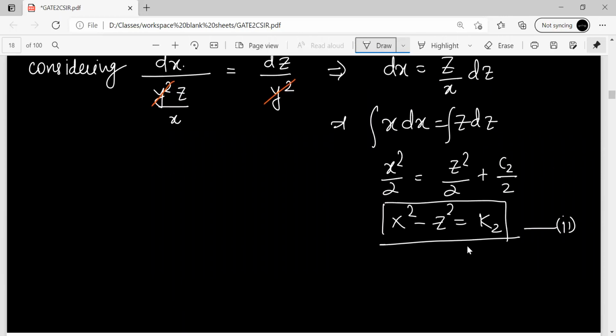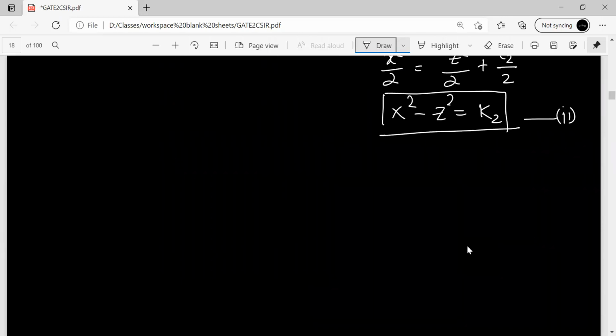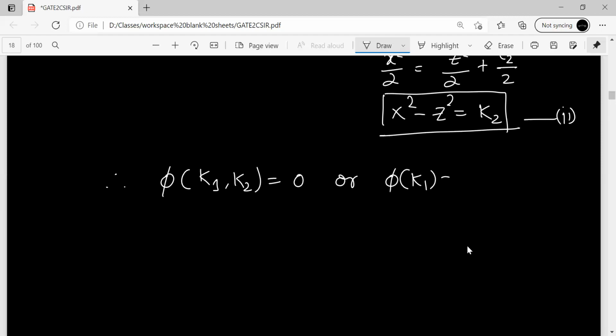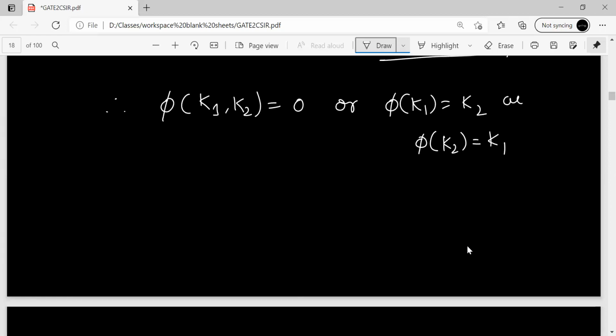Now, when you get these two constants, equal to some function of x, y, z, just simply write down. So therefore, phi of c1, not c1 because our constant is k1. So phi of k1 comma k2 equal to 0, or you can say phi of k1 equal to k2, or you can also say phi of k2 equal to k1. So you can choose any way convenient to you.